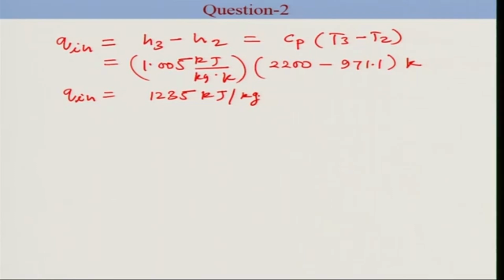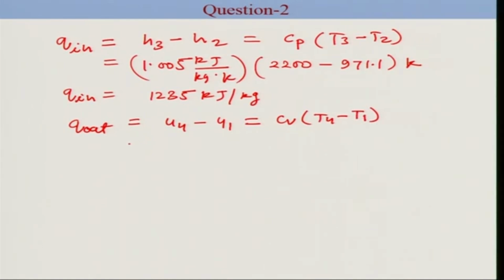Okay. Now heat is rejected at constant volume. So Q out equals U4 minus U1, since heat is being rejected from the process 4 to 1. Okay. So Q out will be equal to Cv times T4 minus T1.